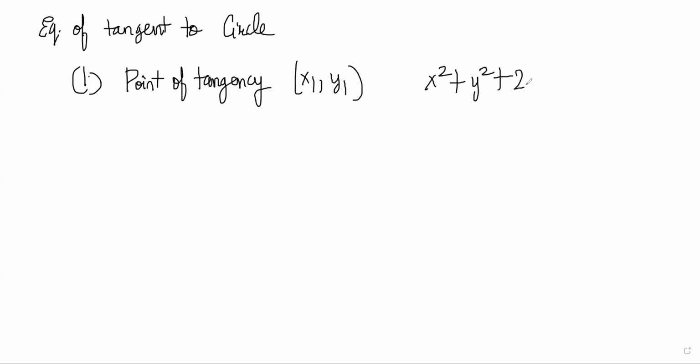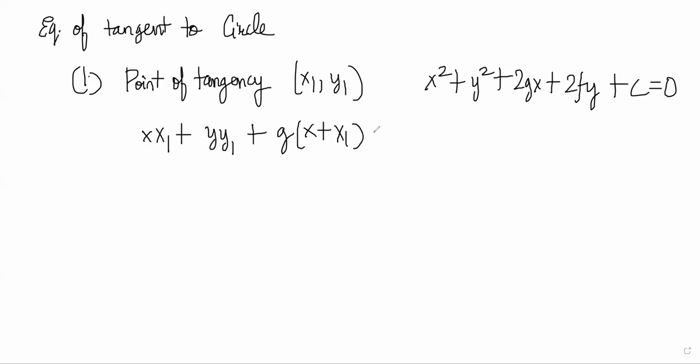If the point of tangency is x1, y1, if it is given, and the circle equation is given, then we'll follow the same method that we have used in conic sections, the replacement method. So I'll write simply the equation of tangent in one step. g(x plus x1) plus f(y plus y1) plus c equals 0.